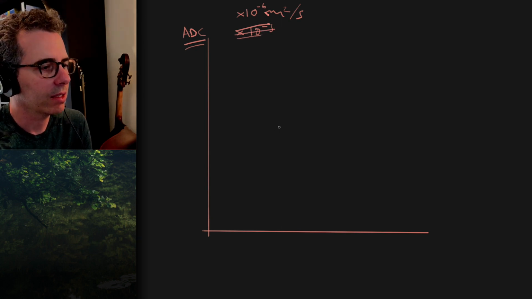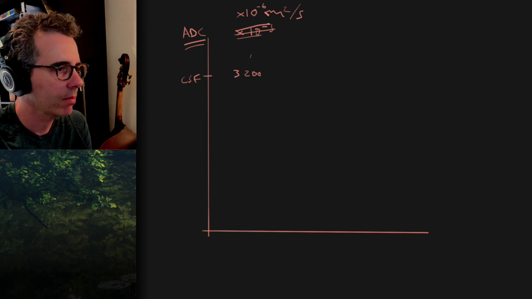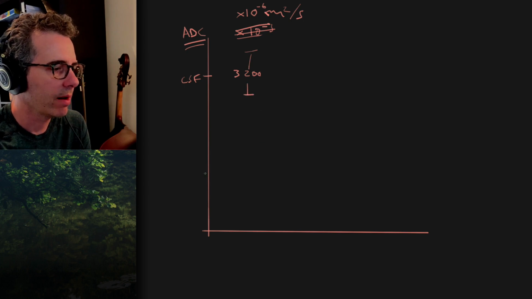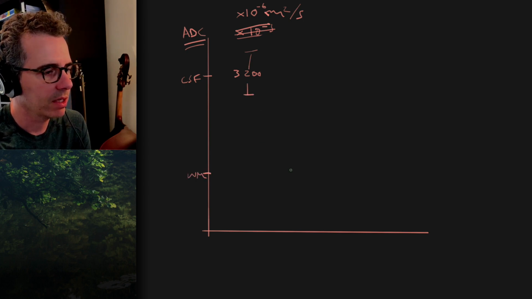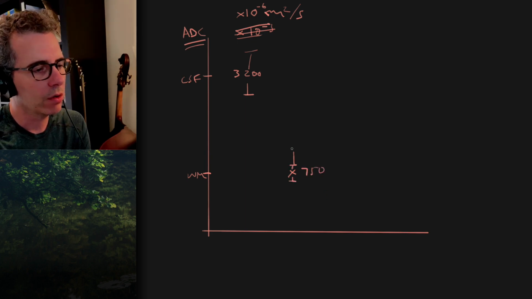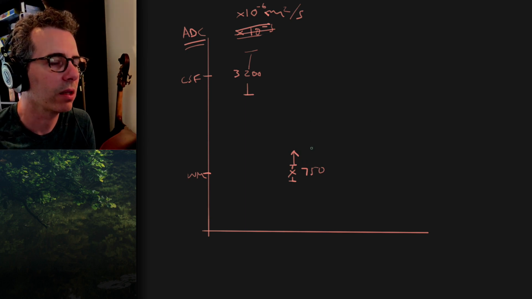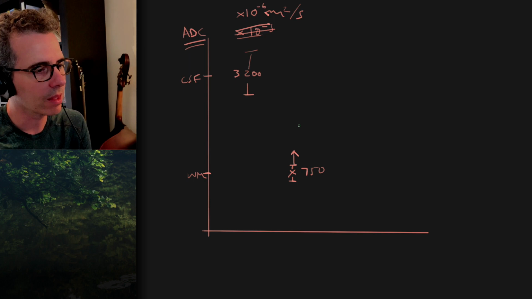So with 10 to the minus 6, normal CSF would be about 3,200, say, plus or minus a bit. Normal white matter would be about 750, plus or minus a tiny amount. It's really very well conserved if it's normal. It'll go up in chronic small vessel ischemic change as there's more extracellular space for fluid to move around.